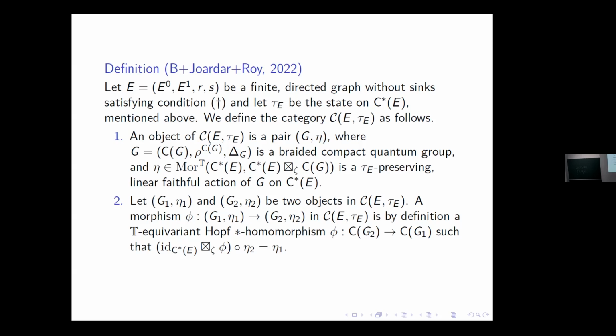So we work in this category. Okay, so your G is fixed. No, the C*-algebra C*(E) is fixed, and I vary braided compact quantum groups that can act on C*(E). Yeah, but then it will be braided compact quantum groups with respect to the braiding on T. Yeah. Okay. It's not general, it's very, very precise. Yeah. Okay, thanks.